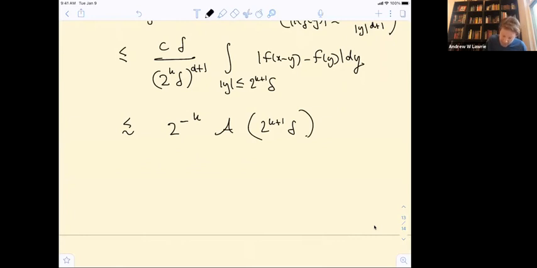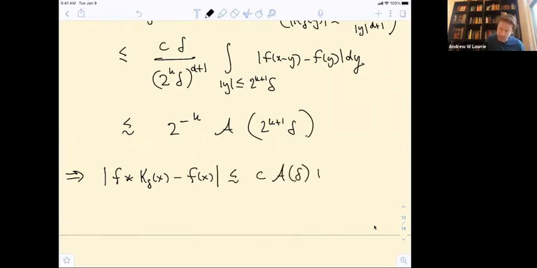So what I've proved is that the norm of f convolved with k delta at x minus f of x is less than or equal to a constant times a of delta plus another constant c prime times the sum from k equals 0 to infinity of 2 to the minus k a of 2 to the k plus 1 delta.